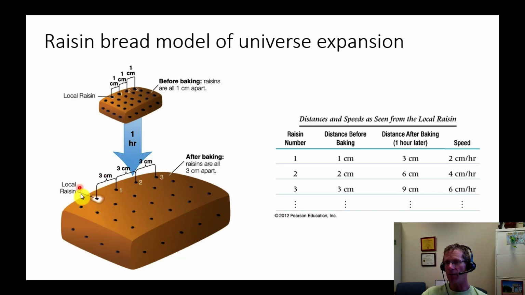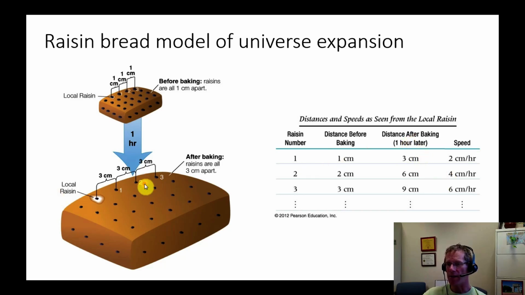But from the point of view of the so-called local raisin, these raisins have moved farther away. So the first raisin, it was 1 centimeter away, now it's 3 centimeters away. So if there's a standard baking time, that thing has moved a certain number of centimeters per hour, after 1 hour of baking, because it's moved 2 centimeters.